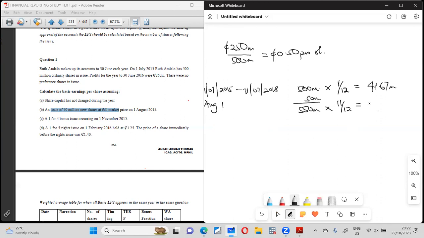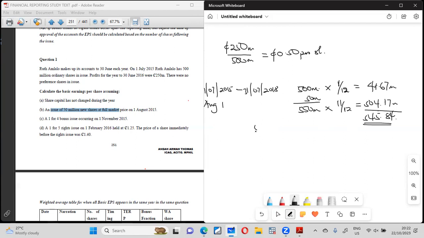That gives you 504.17 million shares. So plus 41.67, that gave me 545.84. Is that what you had?